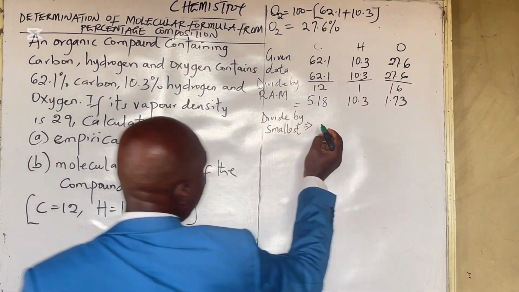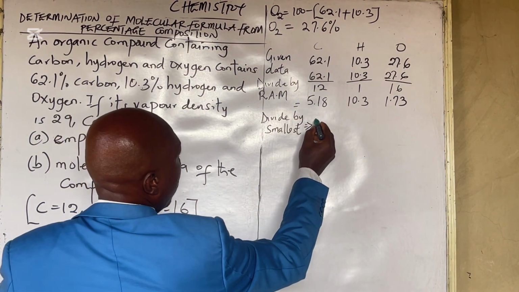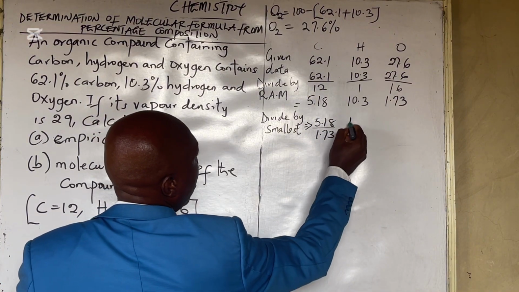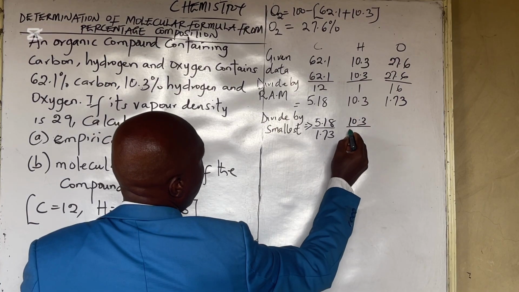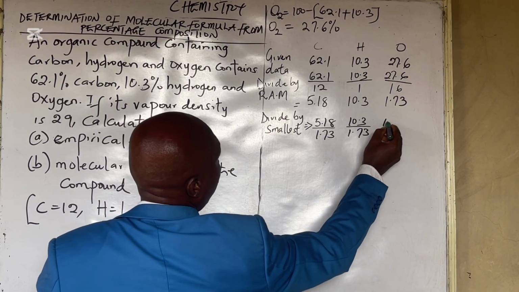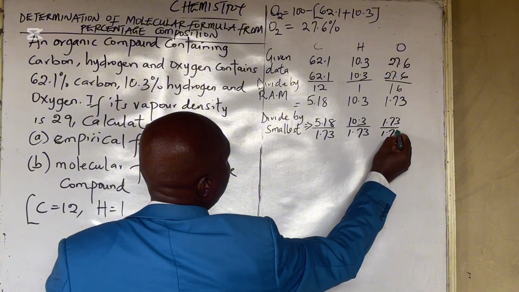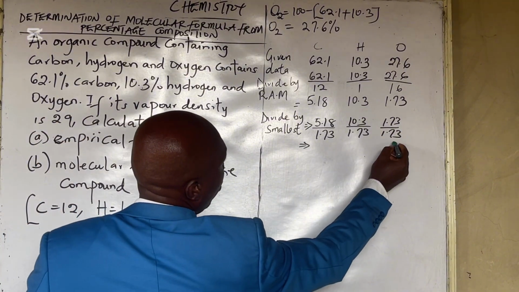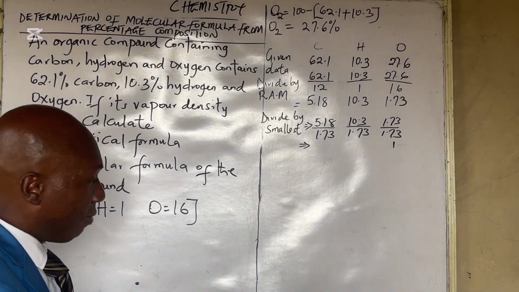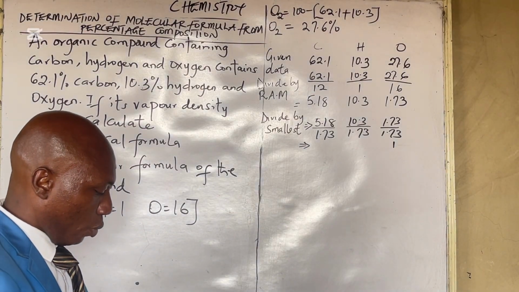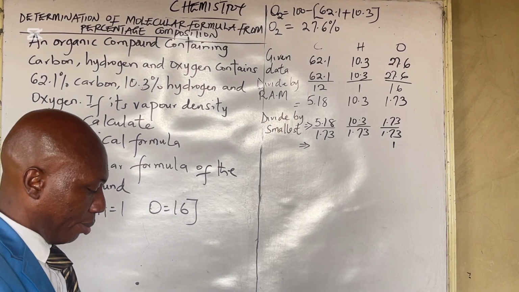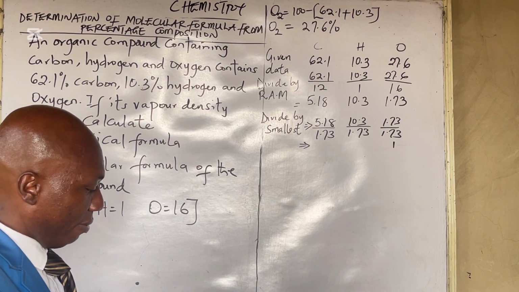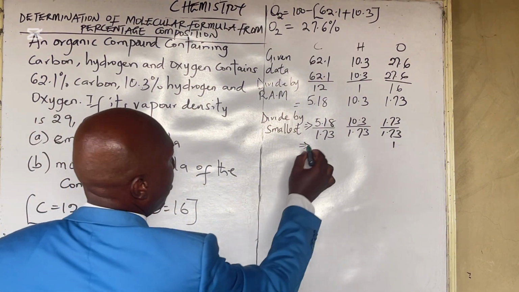So we have 5.18 over 1.73, 10.3 divided by 1.73, and 1.73 divided by 1.73. 1.73 divided by 1.73 is 1. 5.18 divided by 1.73, we have 2.99.